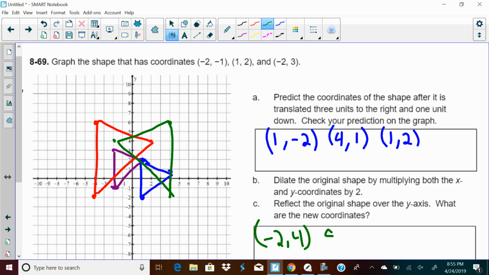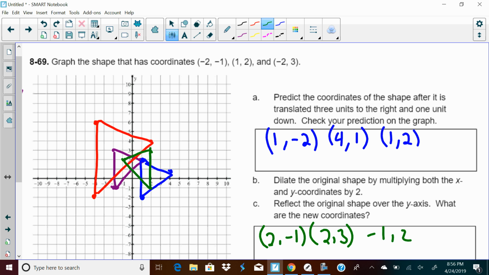Oh, yeah, I reflected the wrong shape. I didn't reflect the original one, I reflected the dilated one. The original one is 2 away on this side, so it would be right here. 1 away. So here's my new dot. So it's 2, -1, 2, 3, and -1, 2 are my new coordinates.